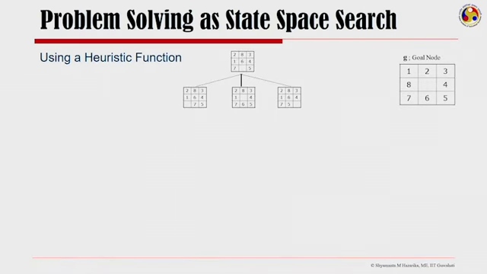We have seen this in the previous lecture where we had looked at exploring all the nodes as they are expanded. Here we have the start node given to us, and the goal node is this configuration on your right.